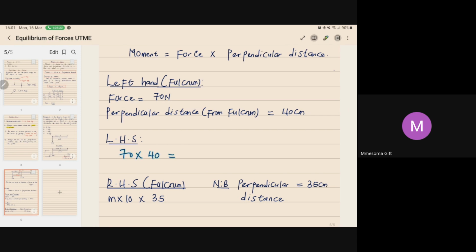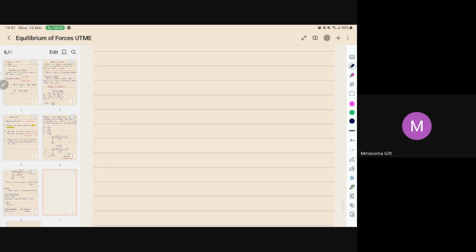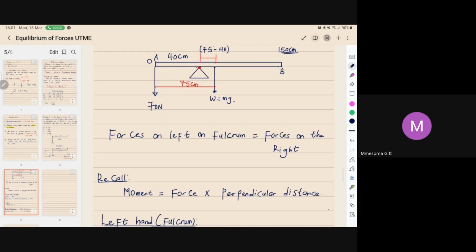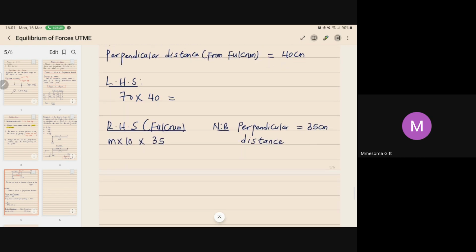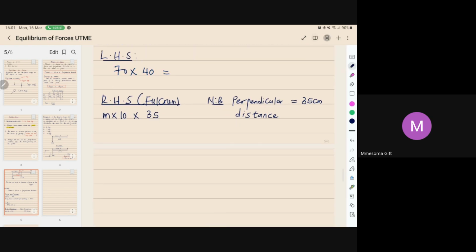All right, so that said, nobody has given me the value for the left-hand side. Please multiply and give me the value. And on the right-hand side, someone should also multiply. That one should give me 350 m. So now we have the forces on the left-hand side of the fulcrum, which are actually your clockwise and anti-clockwise, but I want to use left-hand side and right-hand side.